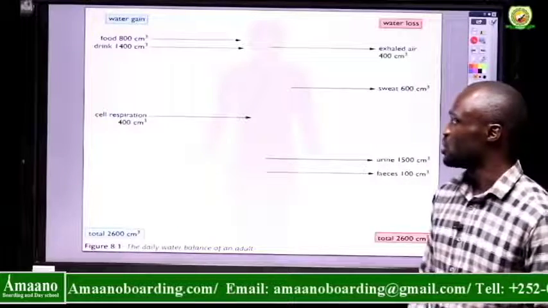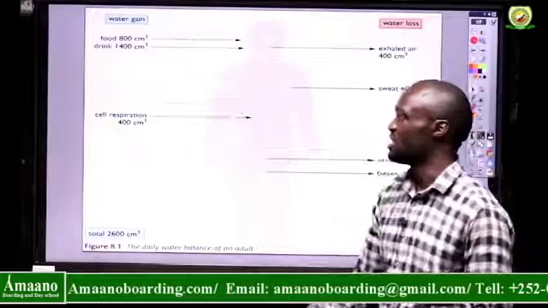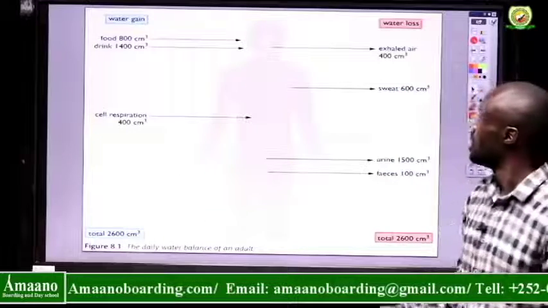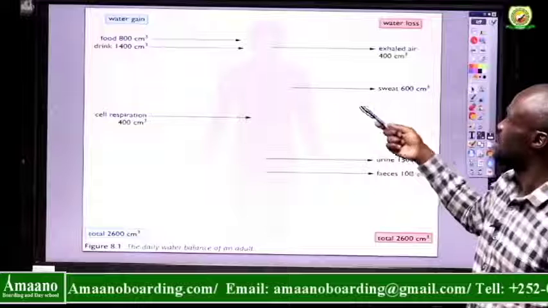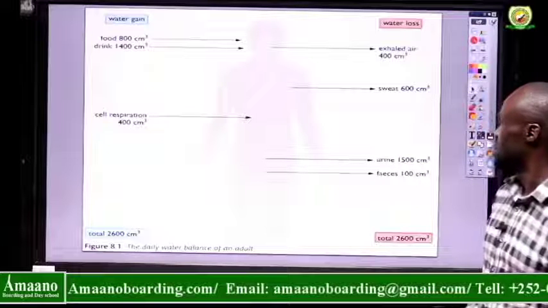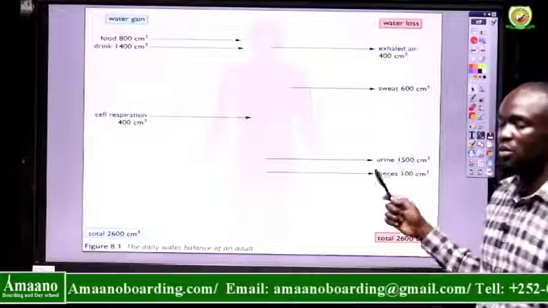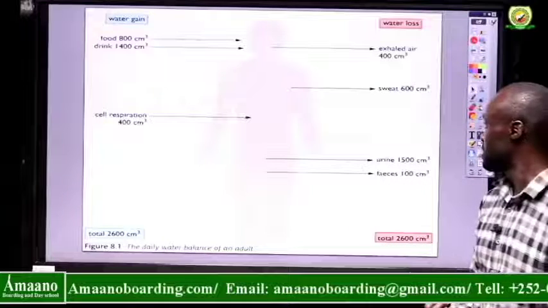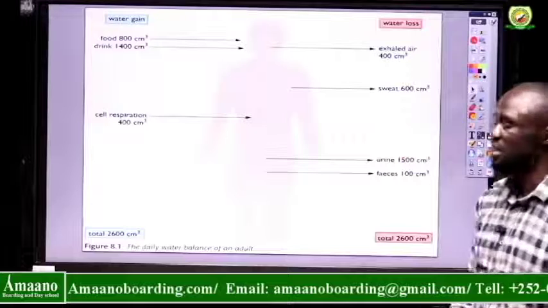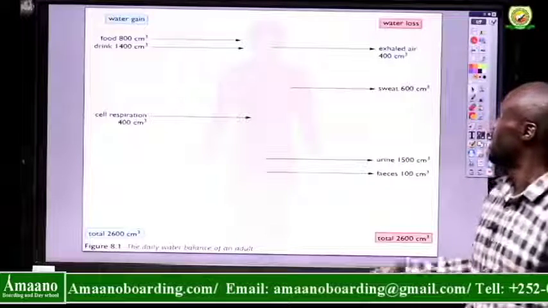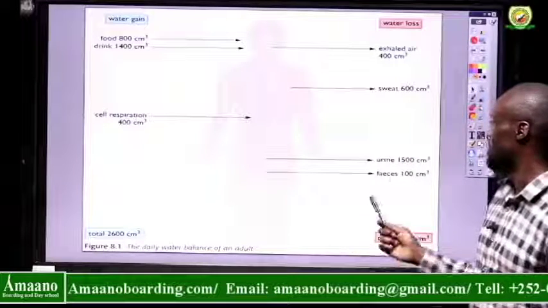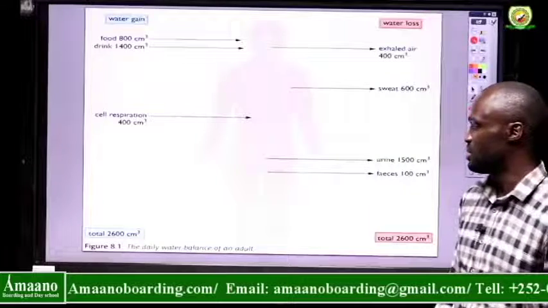So you can see that drinking is giving us the biggest percentage. Then, for the amount of water we lose, you can see that the biggest percentage is through urine, around 1,500 cubic centimeters. Sweating, 600, that is the second way, and then exhaled air, and some small amount is lost through feces.